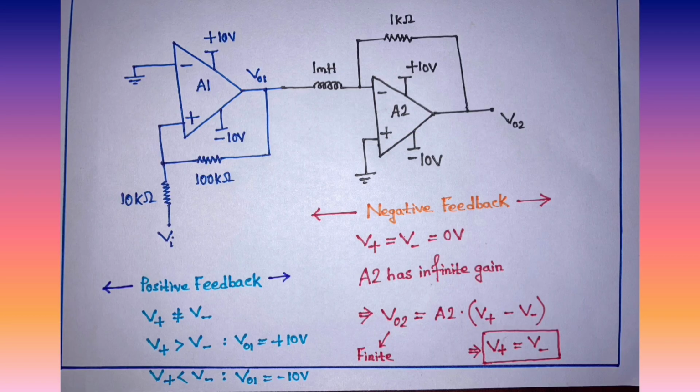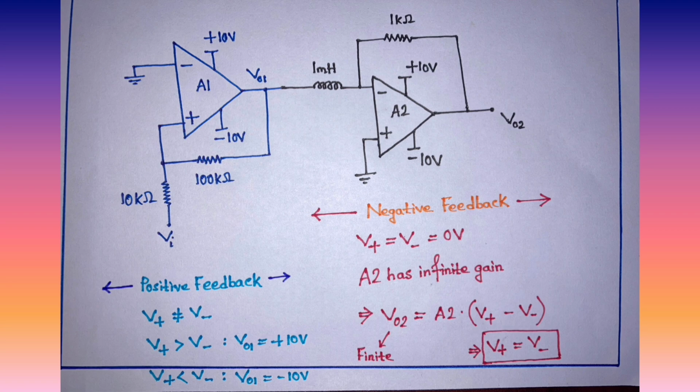As I told you, op amp A1 has positive feedback. Similarly, op amp A2 has negative feedback. If there is negative feedback and the op amp is ideal, your op amp has an infinite gain. If it has an infinite gain and your output is finite, because maximum it has to be plus 10 voltage and minimum it can be up to minus 10 voltage, so your input, which is the error V plus minus V minus, has to be equal to 0.